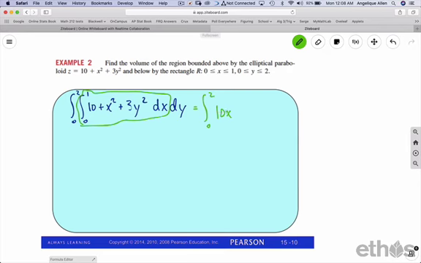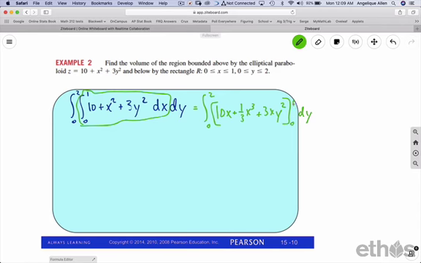And the integral of x squared is going to be 1/3 x cubed, if you recall the power rule. And then this is a constant. If we're integrating with respect to x, then 3y squared is a constant. And so that would end up being 3xy squared. And we need to evaluate that from 0 to 1 for x. You always have to keep track of which variable you're taking your integral with respect to.